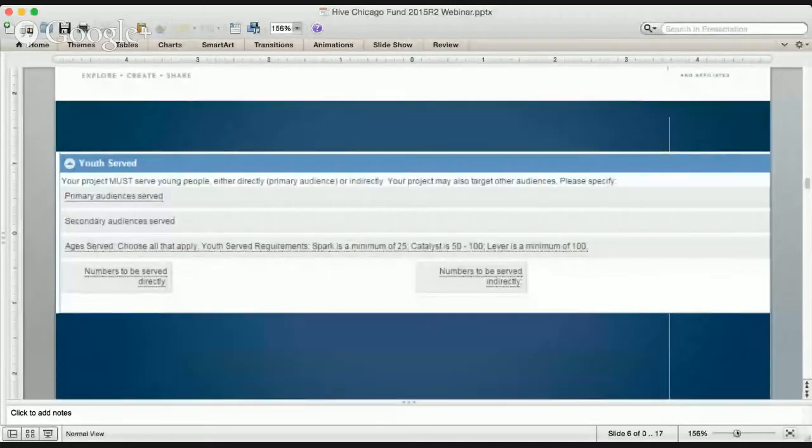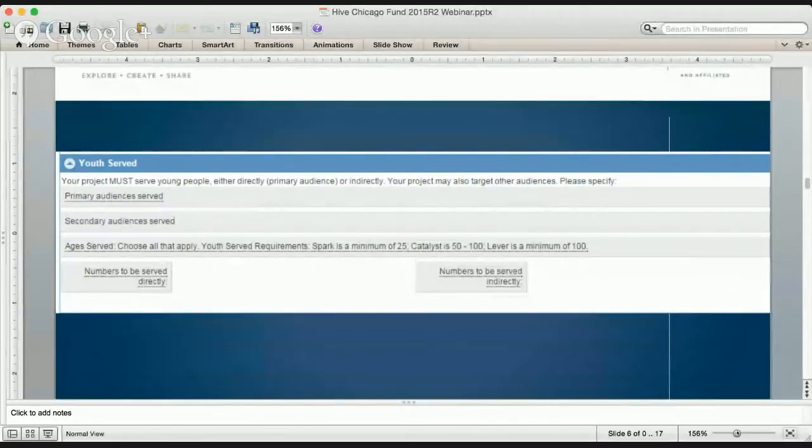So the rest of this, we're going to fly through quickly, for the next 2 slides at least. But these are just questions that, especially if you've done the Smart Grid Challenge or you're applying for the Smart Grid Challenge, you should definitely pay attention right here. And primary audience served. So this is again a drop-down menu. This is a screenshot, so you're not going to see the drop-down menu, but you have seen that there are different options.